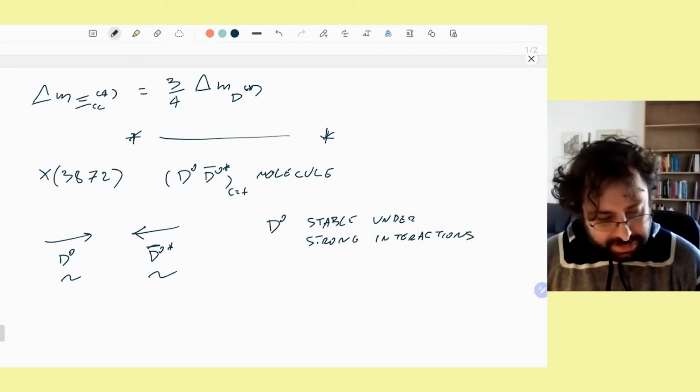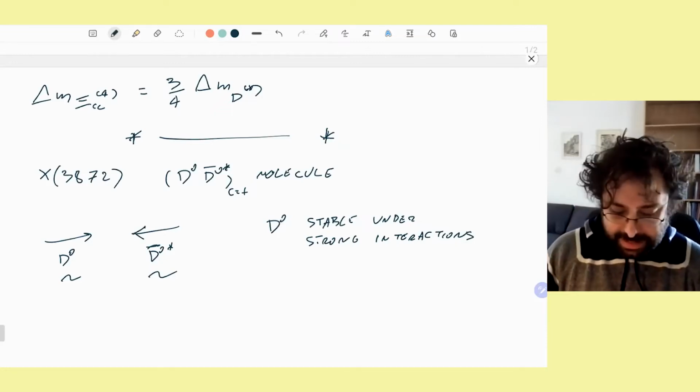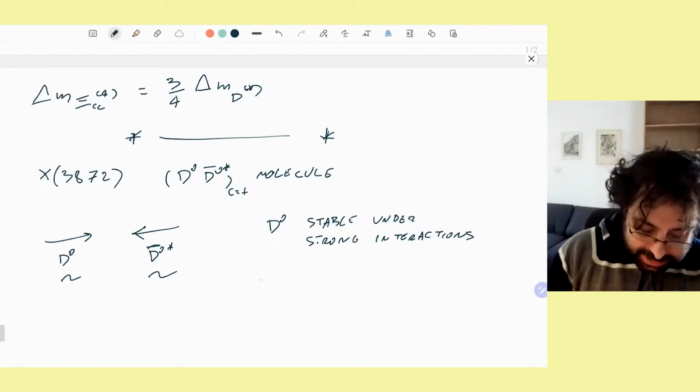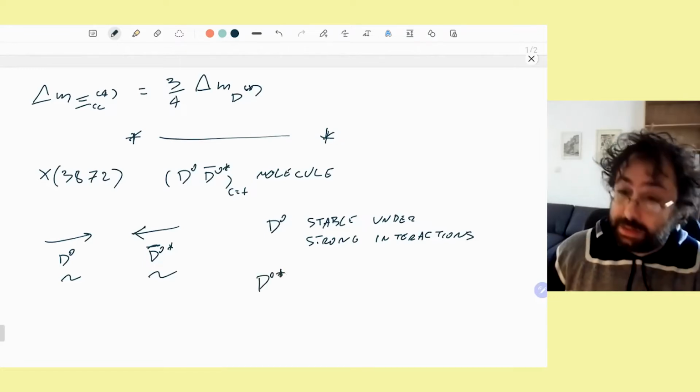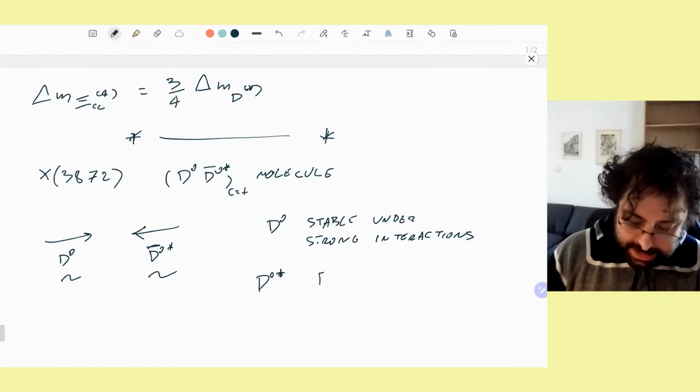The lifetime is of the order of, well, I don't remember exactly, let's say picoseconds. So it's a very long life in terms of strong interaction. The D0 star, it's actually not, okay, so we shouldn't do this, but nevertheless, its width is very small.